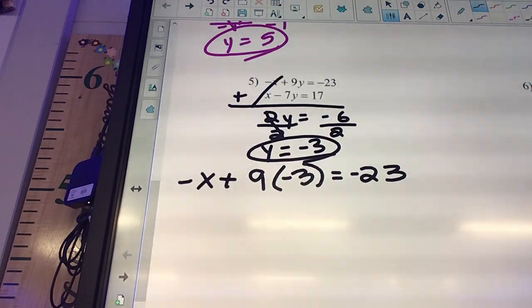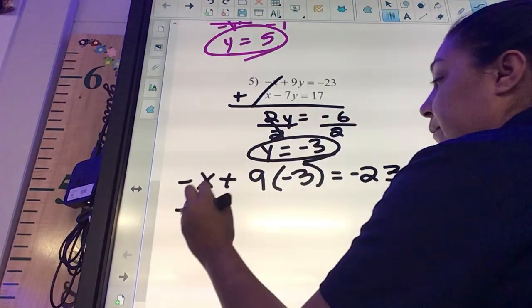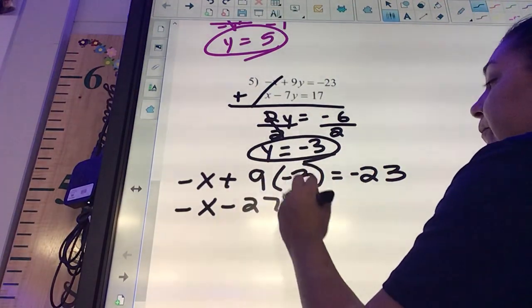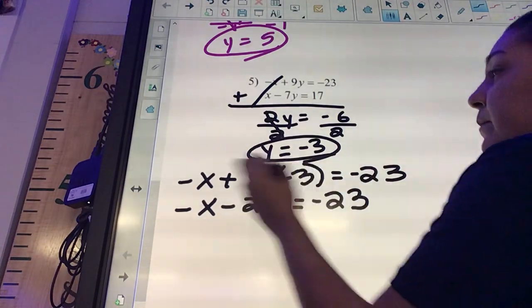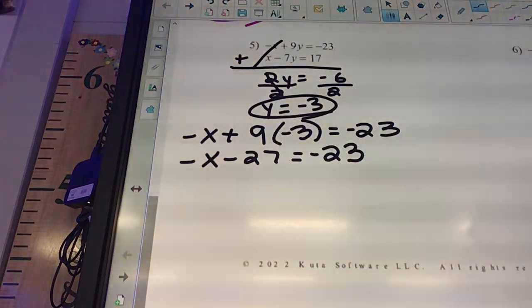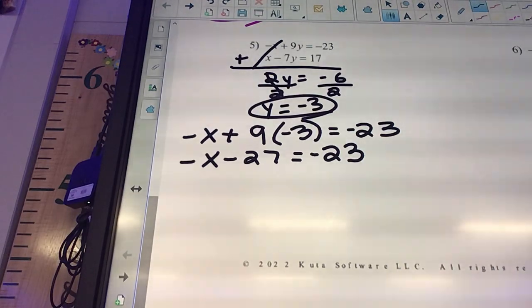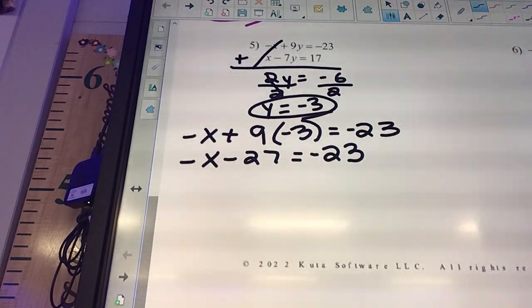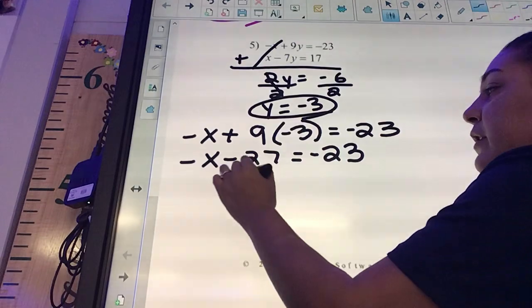Okay, what is 9 times -3? -27. Okay, then what? Divide. Oh, add 27, good.